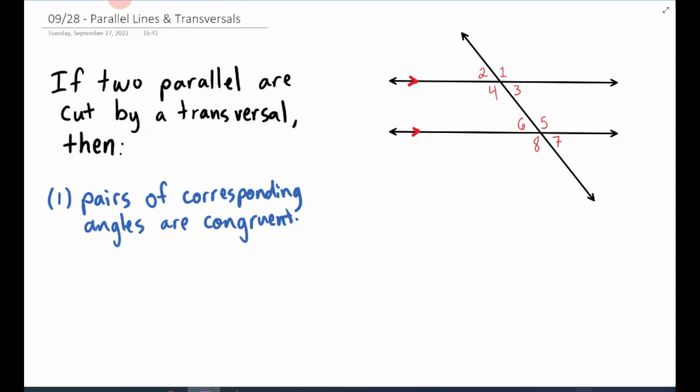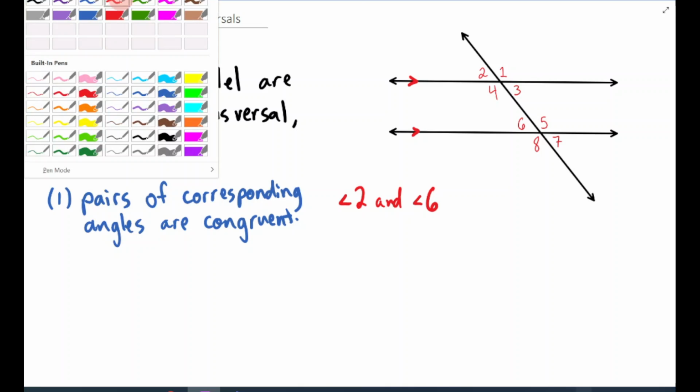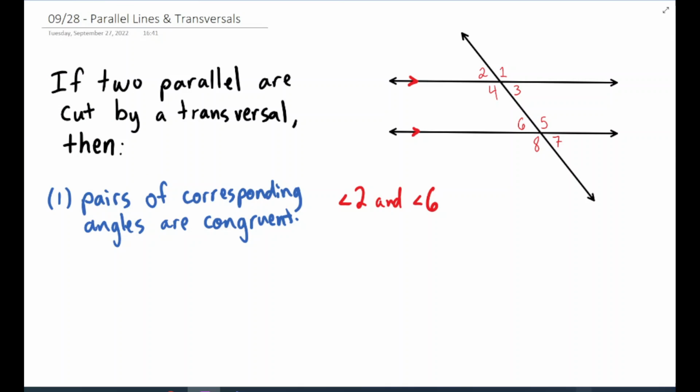In this particular case, that would be like angle 2 and angle 6. For example, there are 4 pairs of corresponding angles in any situation that looks exactly like this, but just for this example, it's just 2 and 6. This is called the corresponding angle theorem, by the way, if you couldn't guess.